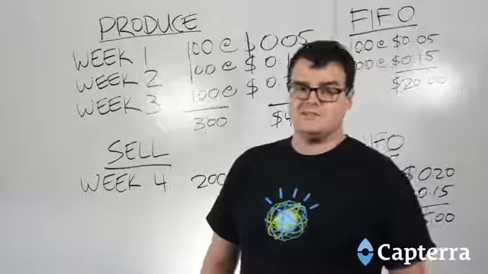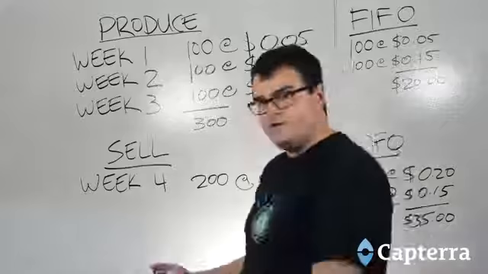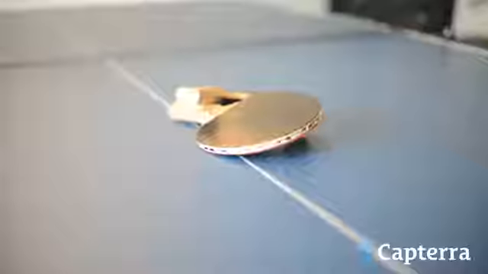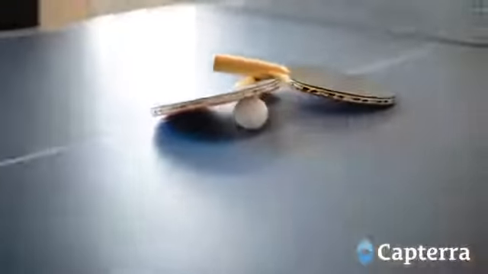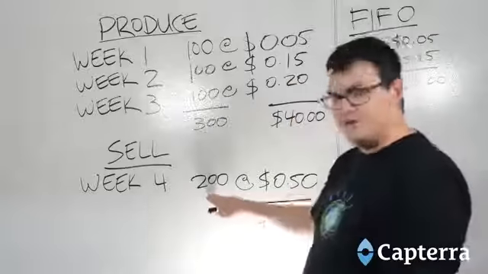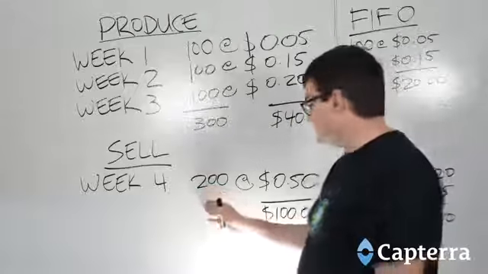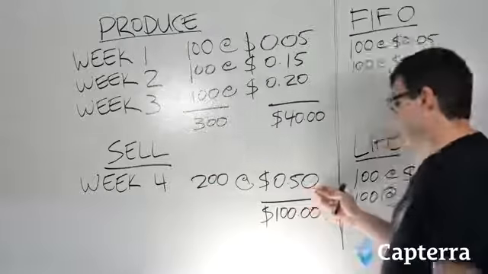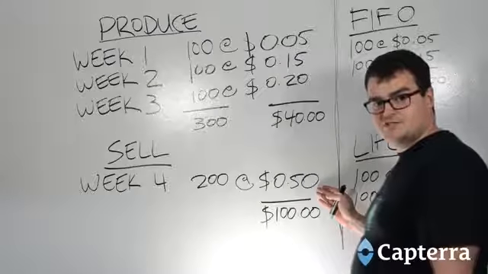Now we need to sell these things. We go out and sell to ping pong players, grand national champions of ping pong, which I think might be a thing. In week 4 we're going to sell these puppies. We sell 200 and our price for each ball is 50 cents. So we're making a good profit no matter how much it costs to make these things.